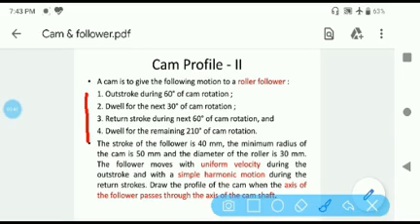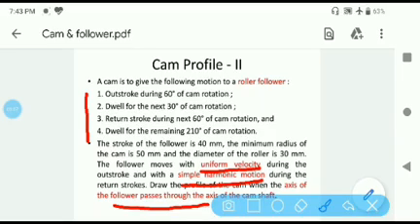These details are same as that in the first question. Also, the outward stroke is as per uniform velocity, and the return stroke is as per the simple harmonic motion. It is also given that the axis of the follower passes through the axis of the camshaft.